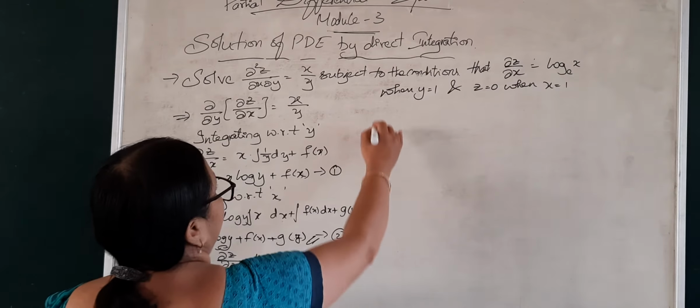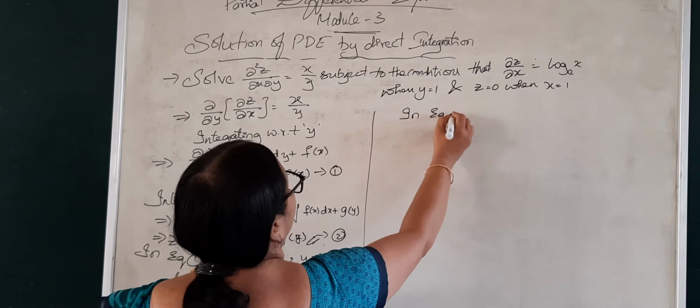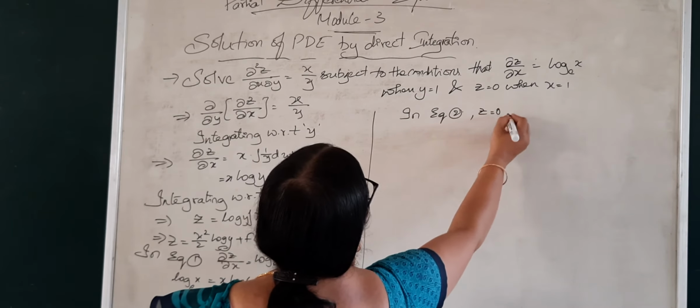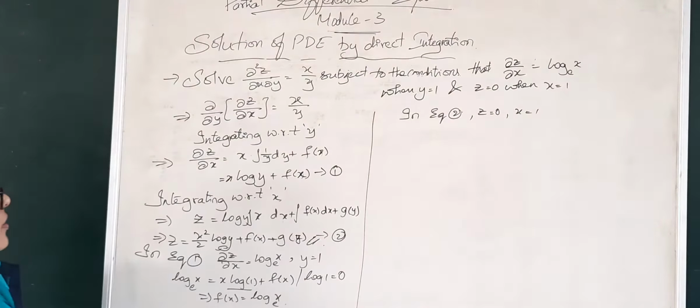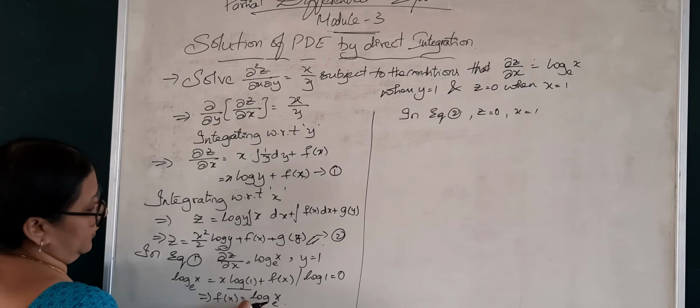Now, further, let us apply the second condition. So, in equation 2, applying the second condition, z is 0 and x is 1. Both the conditions you put in the second equation. Along with that, you can find the integral also.